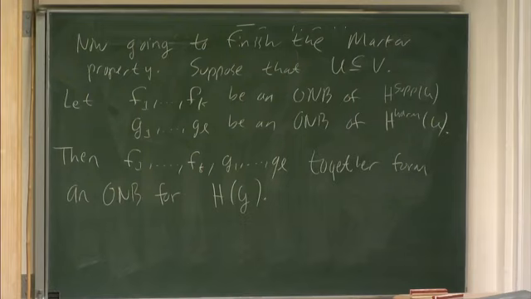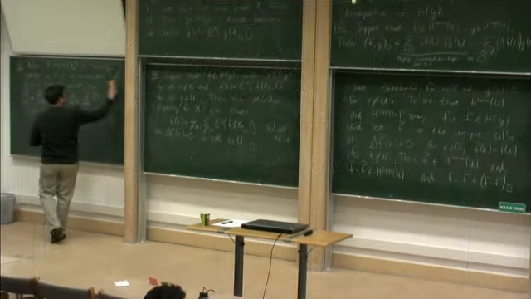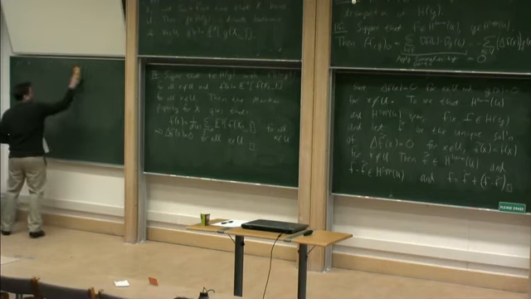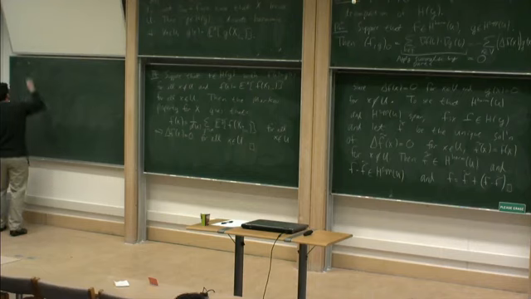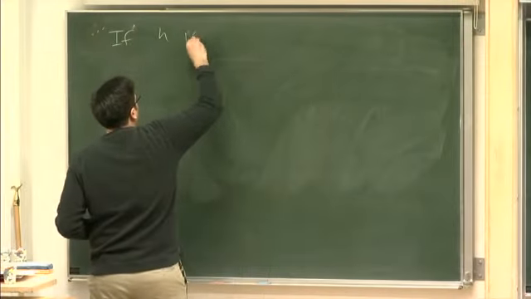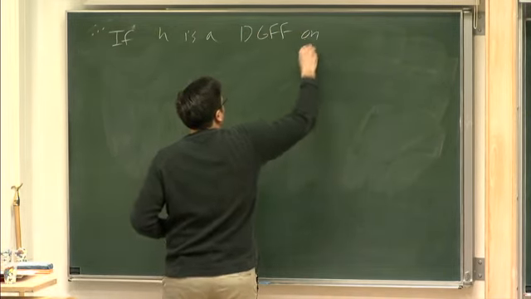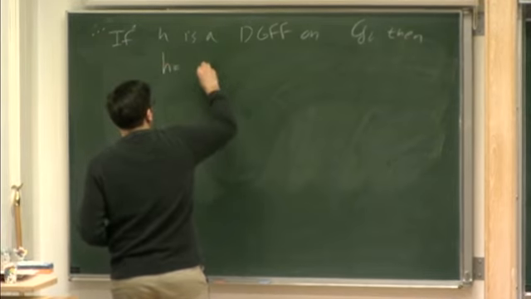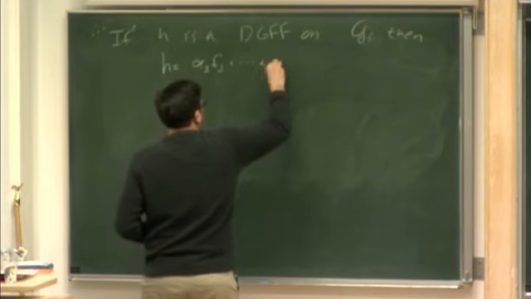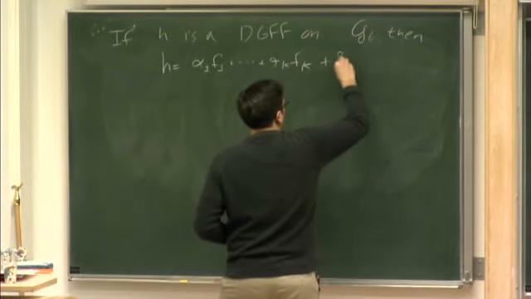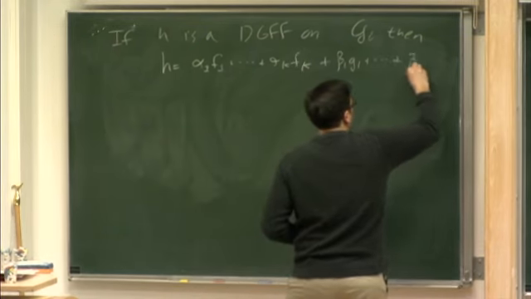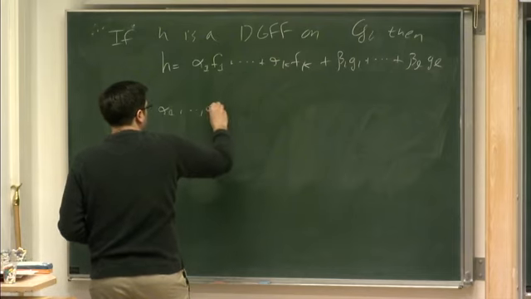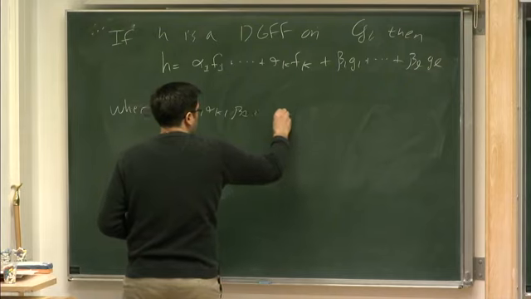And so, if we have a Gaussian free field on our graph, so if H is a discrete Gaussian free field on G, then we can write H as the sum of alpha 1 f1 up to alpha k fk plus beta 1 g1 up to beta l gl, where the alphas and the betas together are IID normal 0, 1.